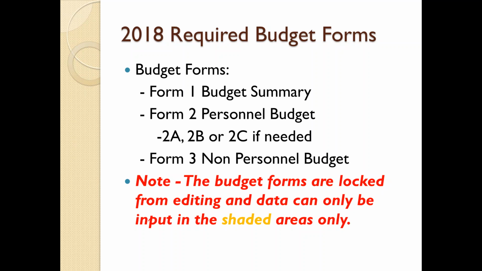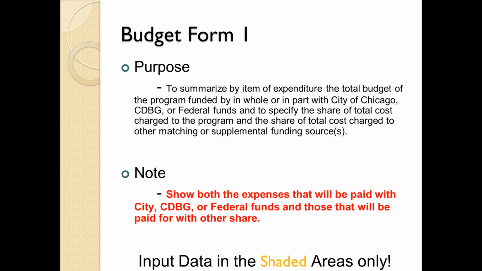Note that the budget forms are locked from editing, and data can only be input in the shaded areas. Notice how the shaded is yellow, because on the forms, the shaded area is also yellow. So the only portions of the form that you will be able to input data in are those areas that are shaded yellow. So here, this slide gives you the purpose of the form.